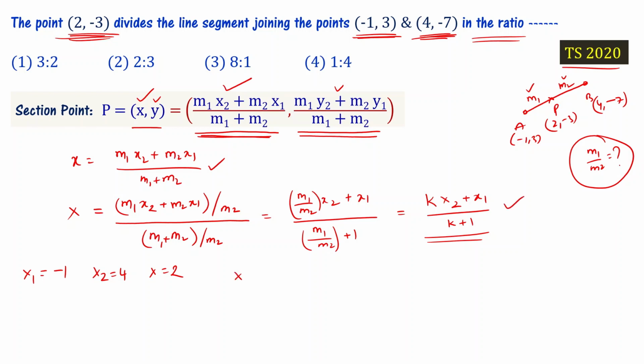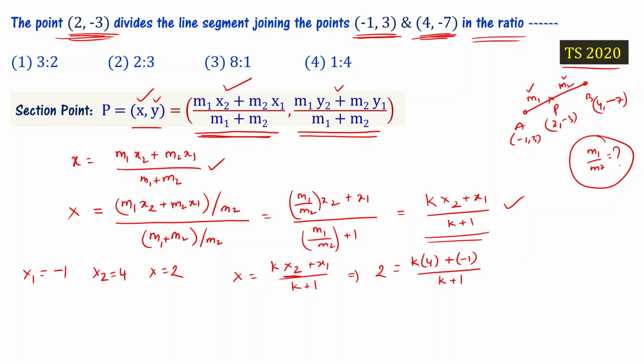x equal to (kx2 plus x1) divided by (k plus 1), right? So let's write x equal to 2, that is equal to k times x2, that is k times 4 plus x1, that is -1, divided by k plus 1.